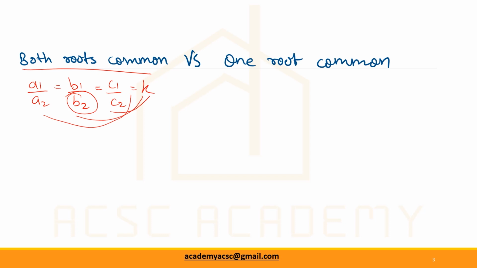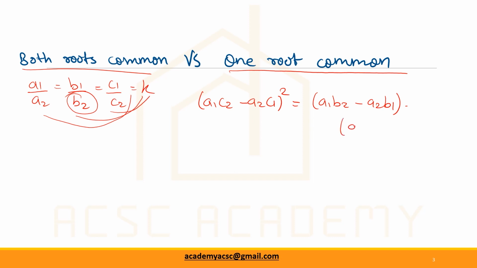And then coming to one root common, for this we have already seen a formula that was a1c2 minus a2c1 the whole squared equal to a1b2 minus a2b1 multiplied with b1c2 minus b2c1.